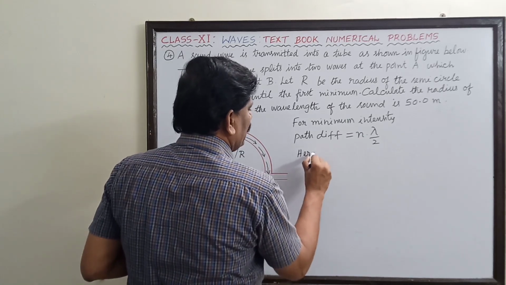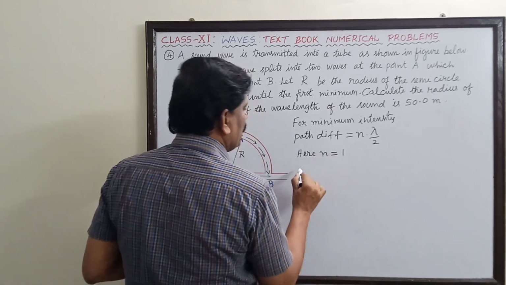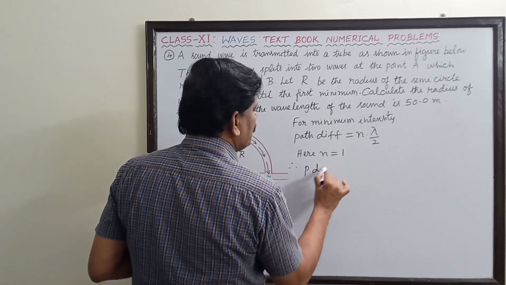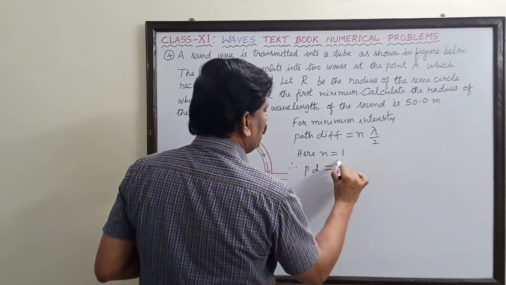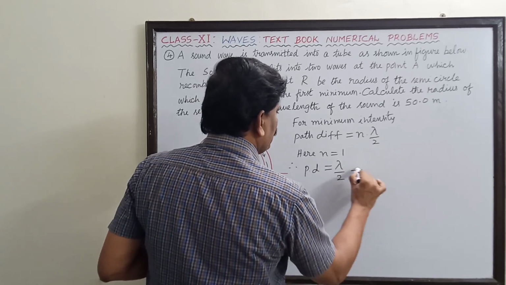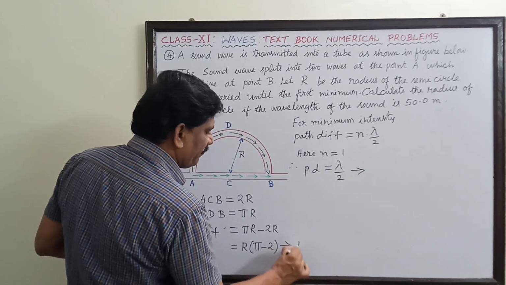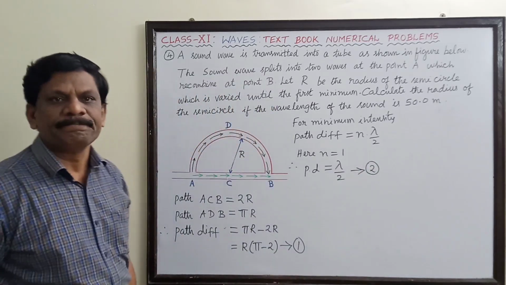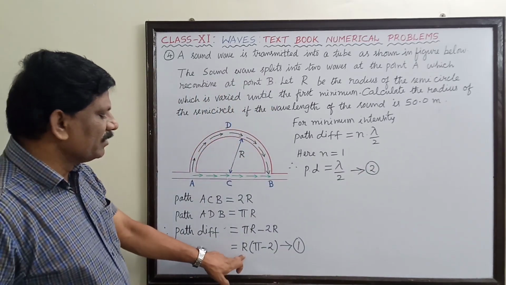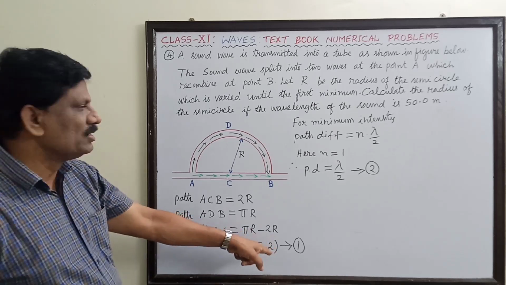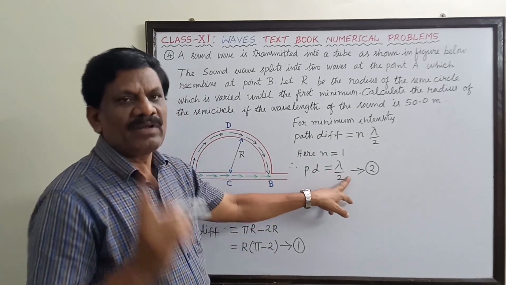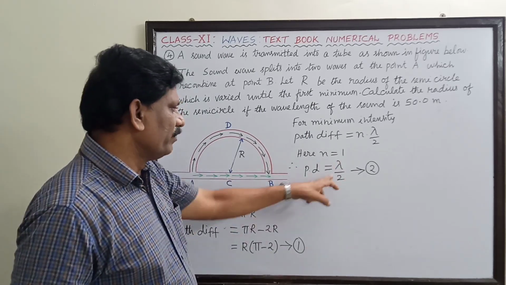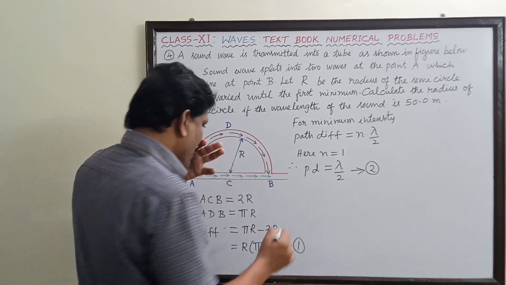Therefore path difference is equal to lambda by 2. We will call this the first equation and this the second equation. Path difference in terms of radius is r into (pi minus 2). In terms of the condition for destructive interference, path difference is equal to lambda by 2. So we are going to equate these two.